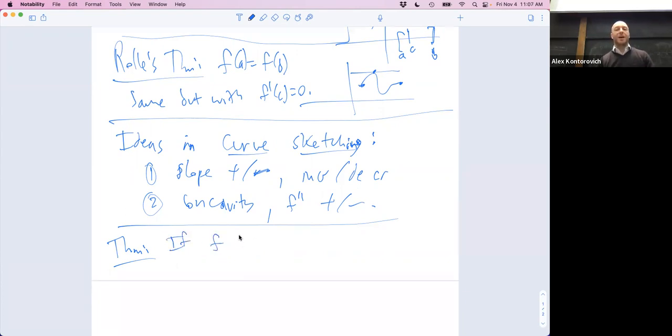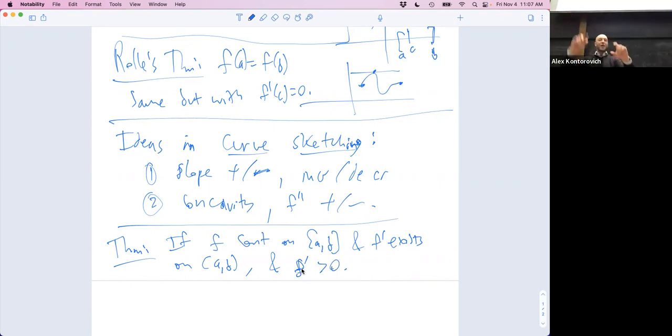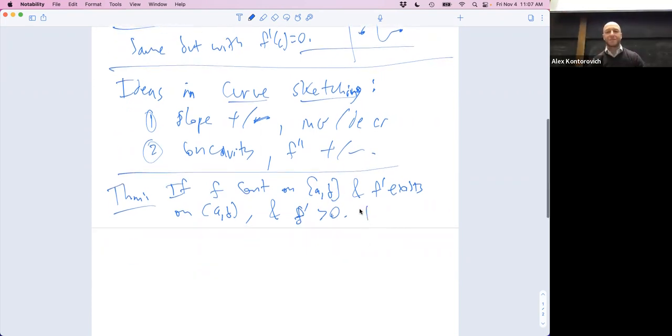If f is continuous on a closed interval a to b, and f prime exists on the open interval a to b, and f prime is always positive on that interval, so if you have an interval on which the derivative is positive, then f is increasing on the interval a to b.